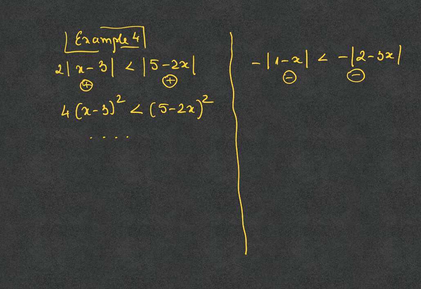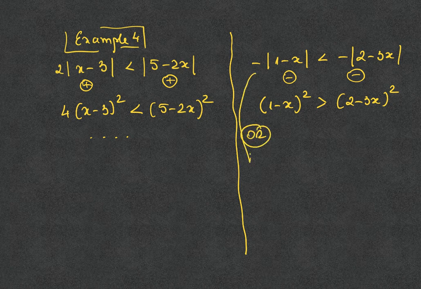And either I square them and I change the sense, look at our first slide, or I add them on the other side and I change this inequation into absolute value of 2 minus 3x bigger than absolute value of 1 minus x. And then I square both sides.